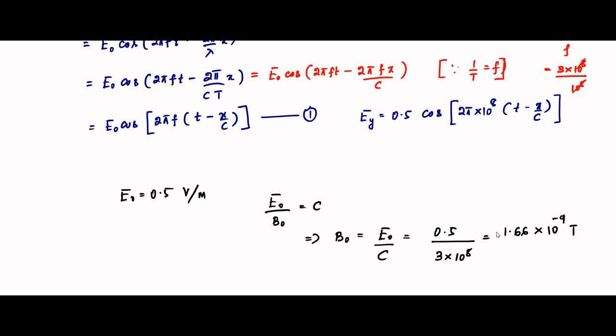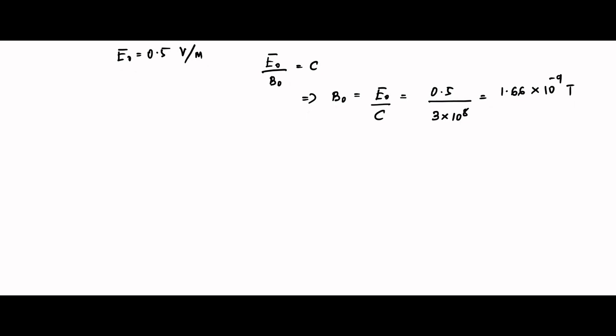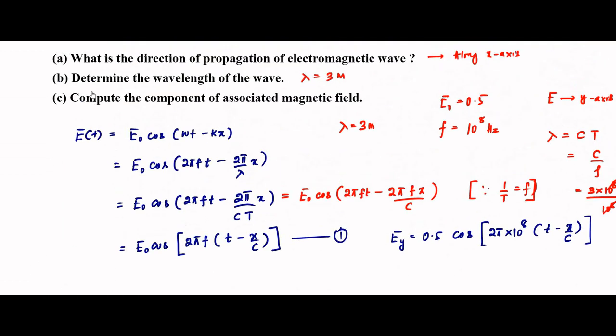Now if we try to depict this whole situation graphically in terms of a diagram, it is something like this. First let us draw the axes: we have the x-axis, the y-axis, and the z-axis. First let us represent the electric field. The amplitude variations are along the y-axis. How do we know that? Because it is represented very clearly in the question.